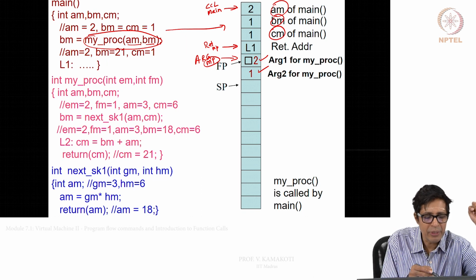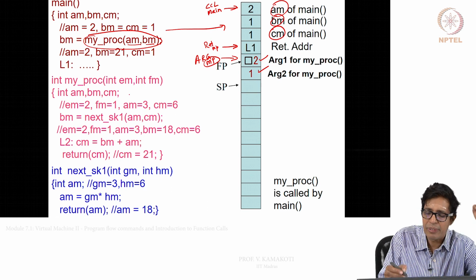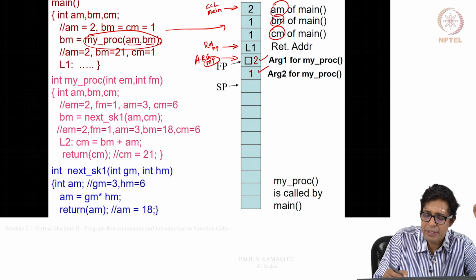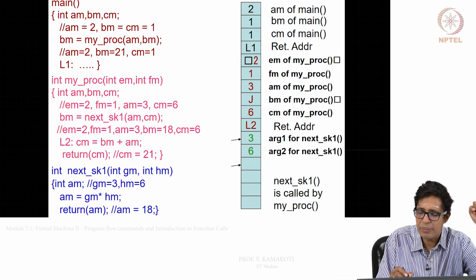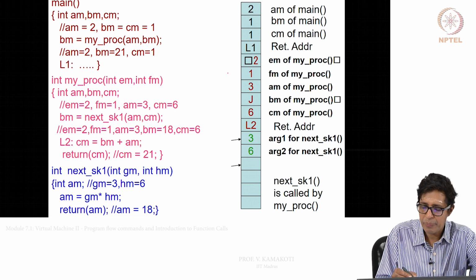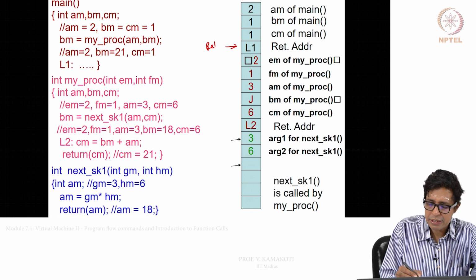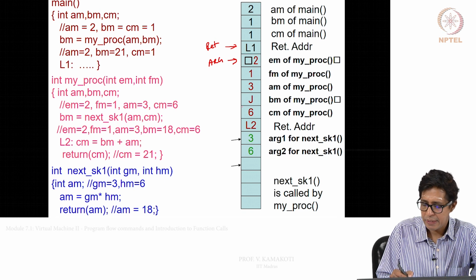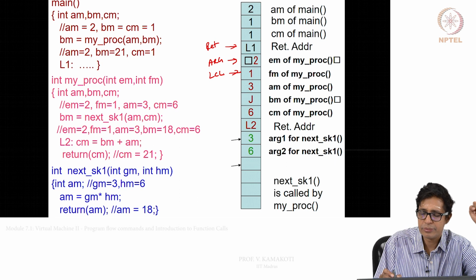Now what will happen when myproc starts executing? It will know it has 3 local variables. So like how local variables for main were allocated, when myproc starts executing, there will be 3 local variables for myproc. So this will be your return address, this will be your argument, and this will be your local area for myproc.